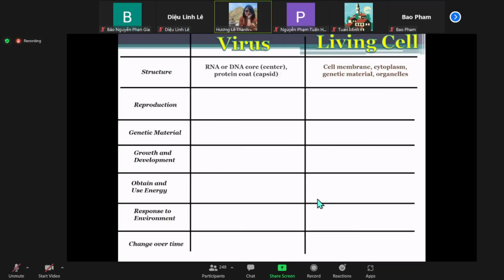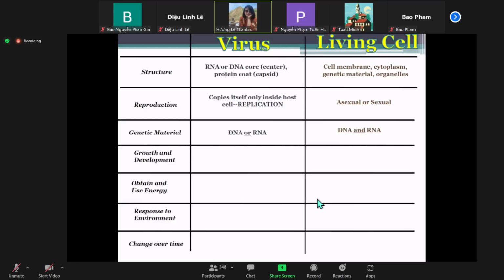In prokaryotic and eukaryotic cells, they share one organelle, the ribosomes. For reproduction, viruses copy themselves only in living host cells. But living cells can multiply and replicate by themselves, either asexually or sexually. For genetic material, viruses have DNA or RNA, never both.